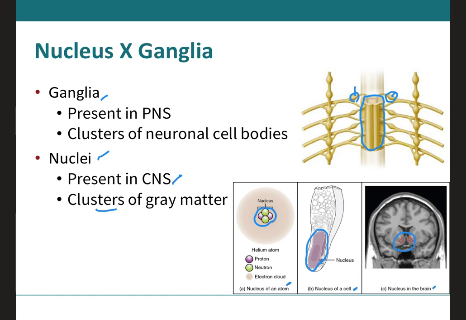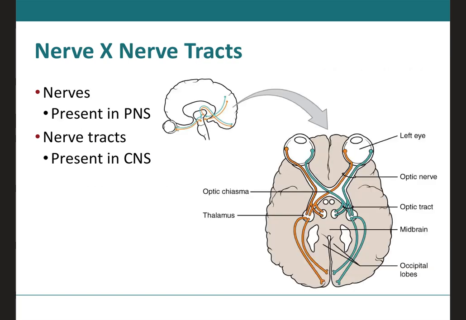And here in the brain, the nucleus is a point where, again, you will have a lot of neuronal cell bodies and therefore a lot of action potentials, a lot of information will derive from this point or from this nucleus.